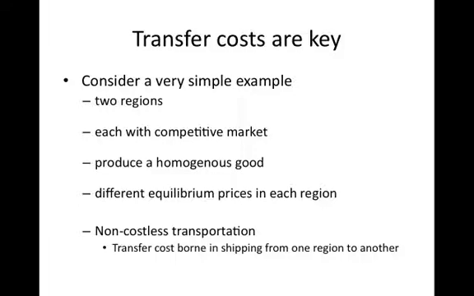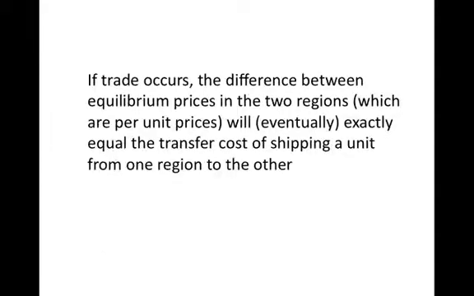But if we have different equilibrium prices in each region, for instance, if the price in Canada is high and the price of grain in North Dakota is low, we have potential for there to be trade. Now, we're also going to assume in this discussion that it's not costless to transport, that there is a transfer cost borne in shipping product from one region to another region.